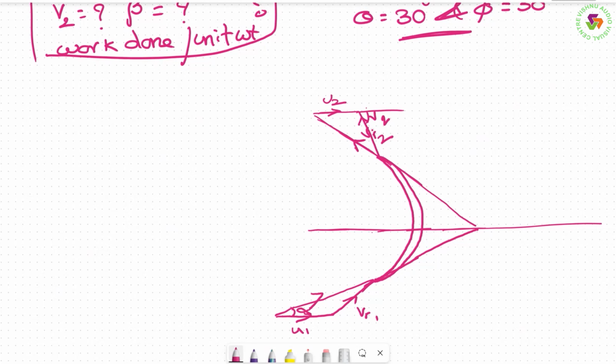This angle is beta, the outlet velocity angle for your reference. This is VR2.